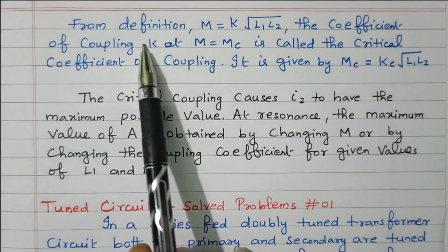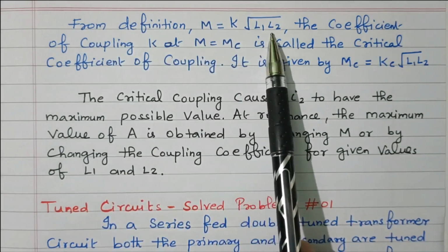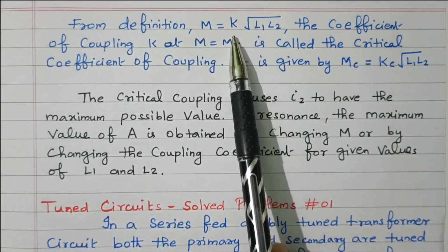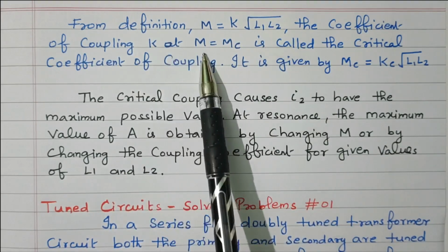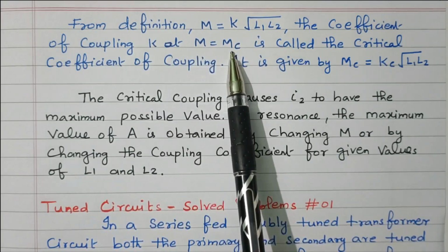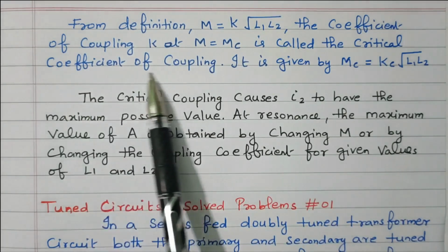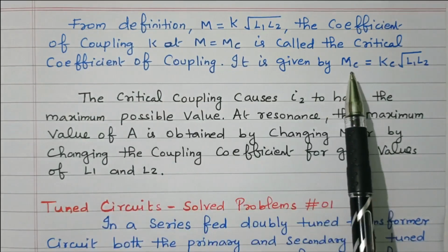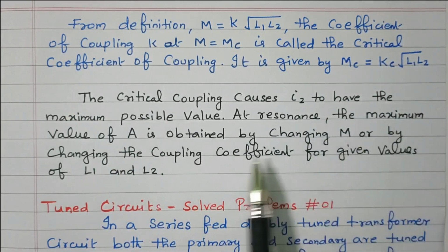So from the definition, mutual inductance equals K into the square root of L1 L2. K is the coupling coefficient. The coefficient of coupling K at M equal to MC, the mutual inductance becomes the critical mutual inductance. At that time K also becomes the critical coefficient of coupling. So it is given by MC equal to Kc into the square root of L1 L2.